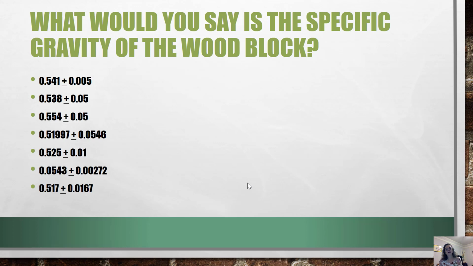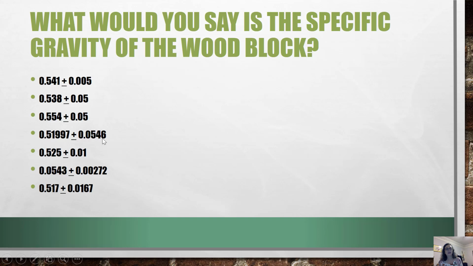The reason that I wouldn't just average these is, first of all, these student groups had taken this measurement in very different ways. Therefore I think there is meaning to the fact that they have a different order of magnitude on the error bar, and that needs to be recognized when we do our final error bar.